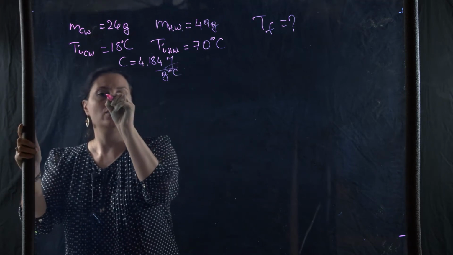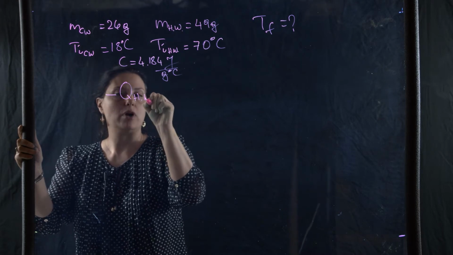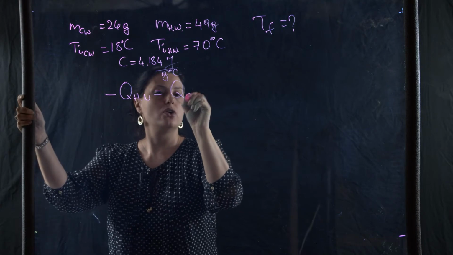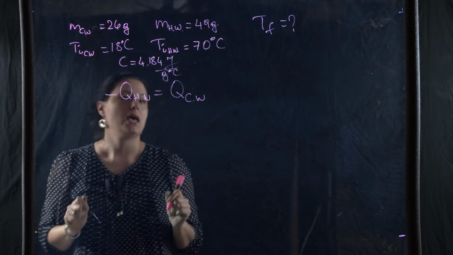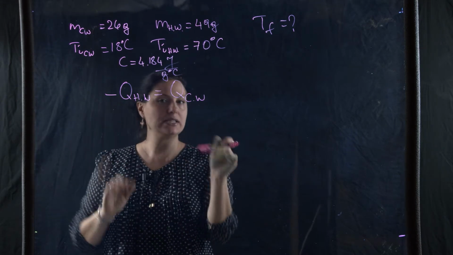So what do I know? I know that minus Q, the heat from the hot water, is equal to the Q, the heat for the cold water. I can express each of these once again as mC delta T.